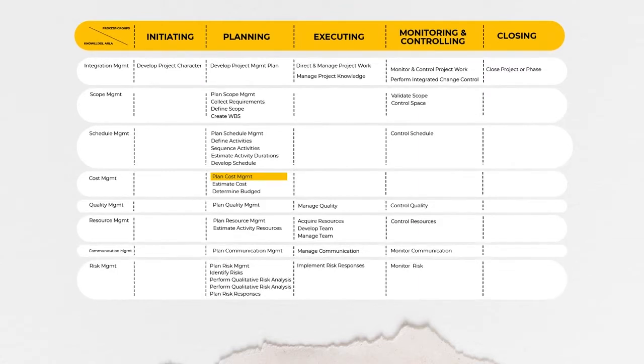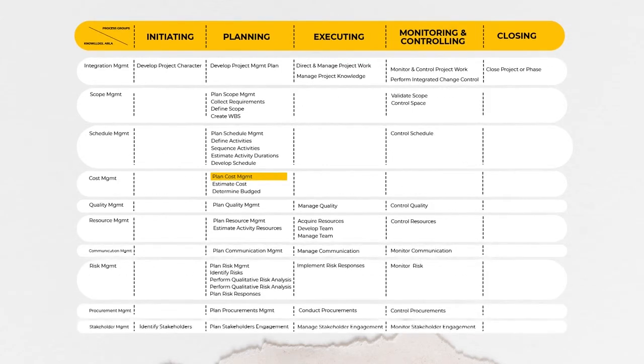Long story short, these are the processes that help you get the job done. Ideally, everyone in your business should use the same processes for the same activities. It will be your responsibility to choose the right processes to give you the desired outcome. Pick and choose the processes that will work for you and your project.